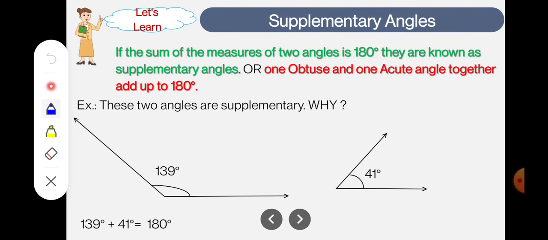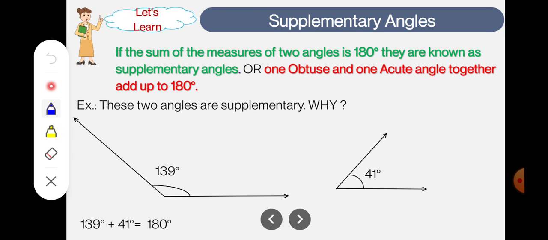Now, why have I first introduced the straight angle? Because to avoid confusion between supplementary angles and straight angles. Supplementary angles and a straight angle both measure 180 degrees, but the definition of supplementary angles is the same as for complementary angles: if the sum of the measures of two angles is 180 degrees, they are known as supplementary angles.